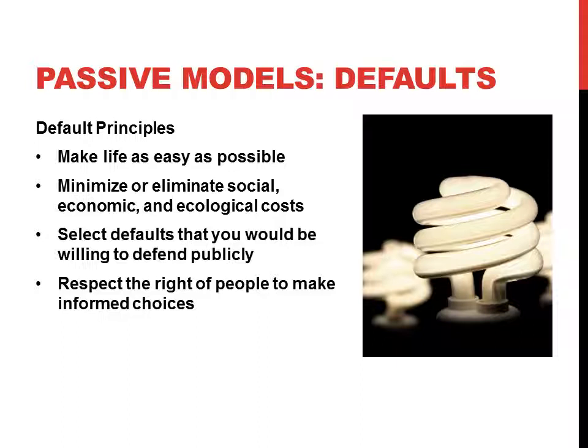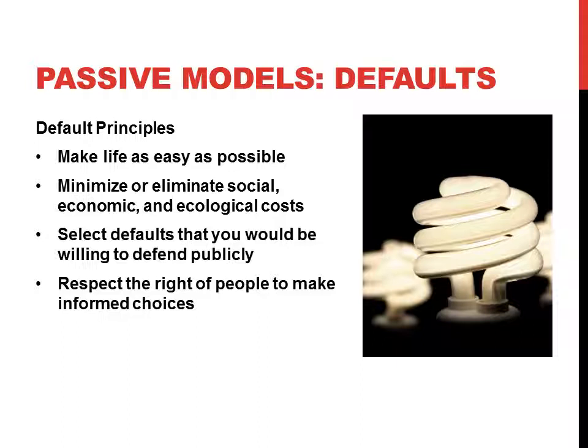The third principle is select defaults that you would be willing to defend publicly. Again, this goes back to the perception of the default as being coercive or manipulative. We want to provide some transparency around the decision choice. If the person wants to understand why they're choosing the default, they need to be able to access the relevant information that is supporting that particular choice.